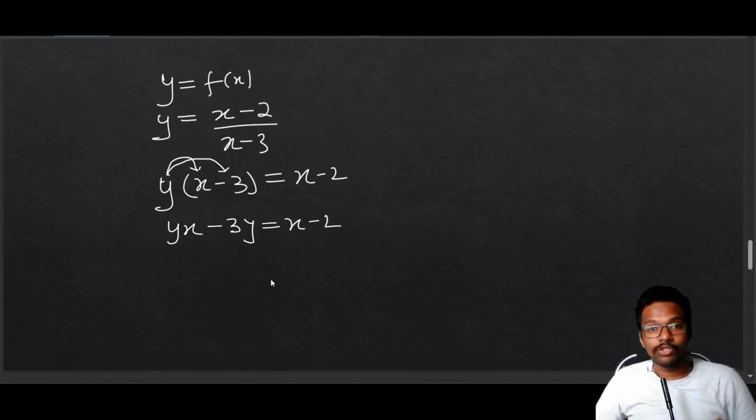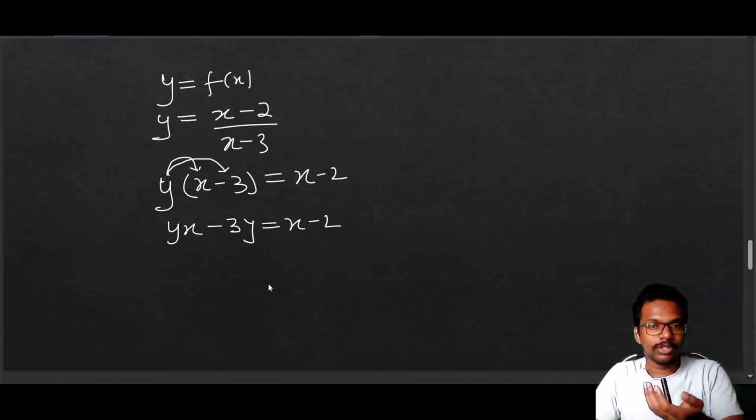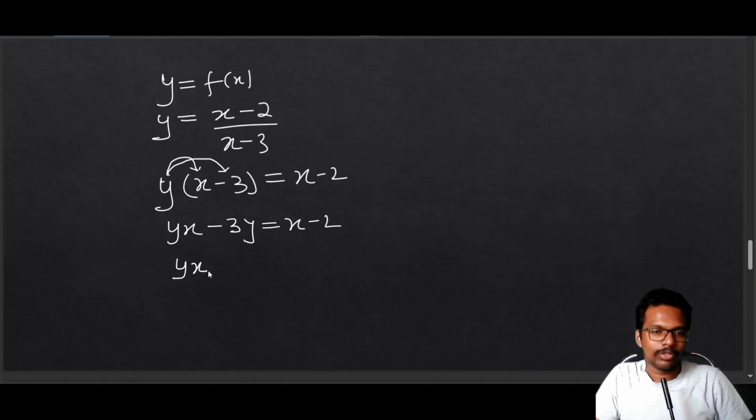Now our intention is to find the x value. It means we have to make the x values separate on one side and the remaining all on the other side. So yx I am writing as it is.